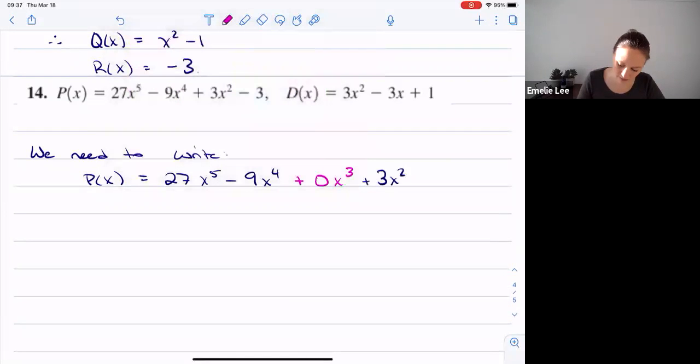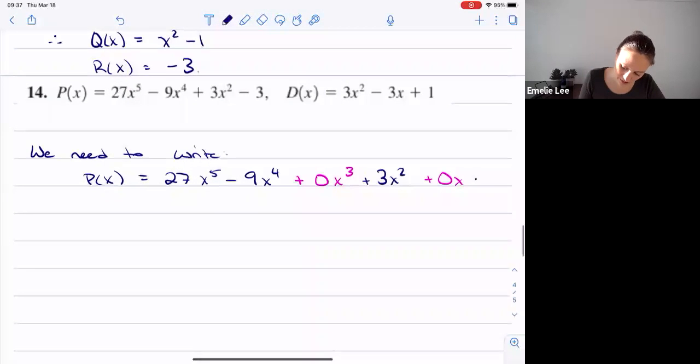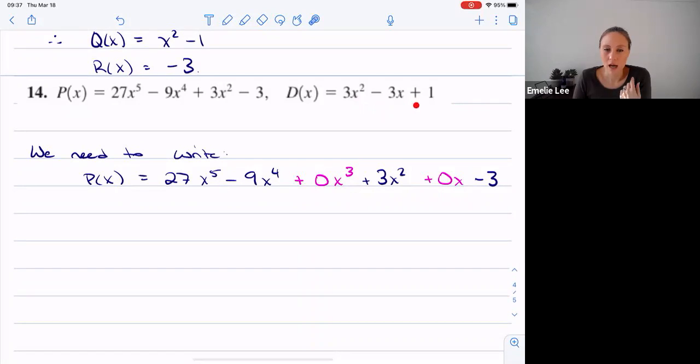And then I need an x too, plus 0x, and then finally minus 3, right? So I'm just filling in all those terms that aren't there, but we need those placeholders for those x's. It's a big one. We can do it though, right? Notice here we're dividing by a pretty large polynomial too, right? So 3x squared minus 3x plus 1.